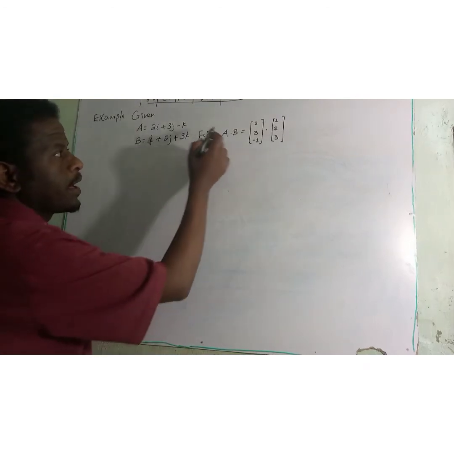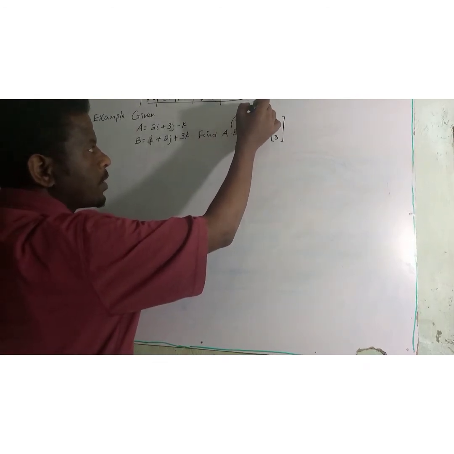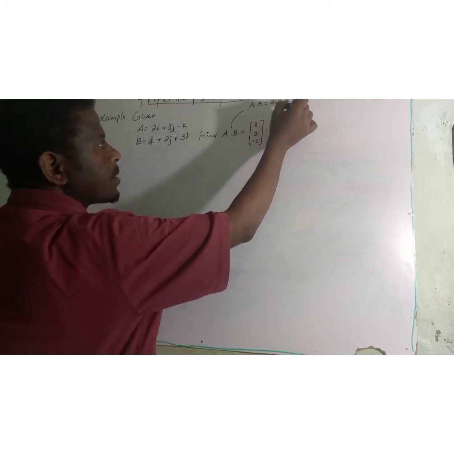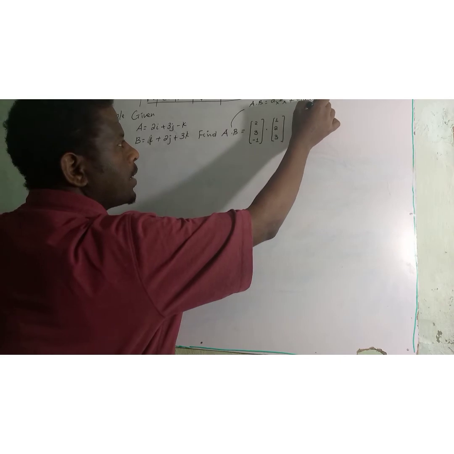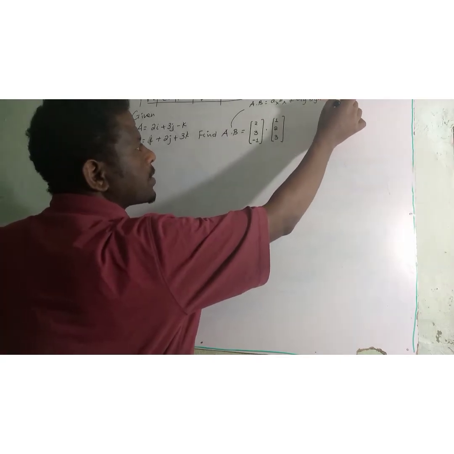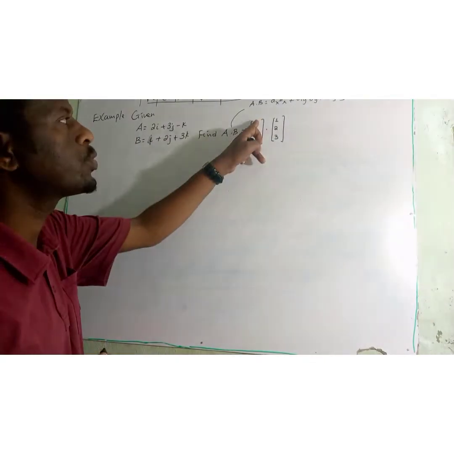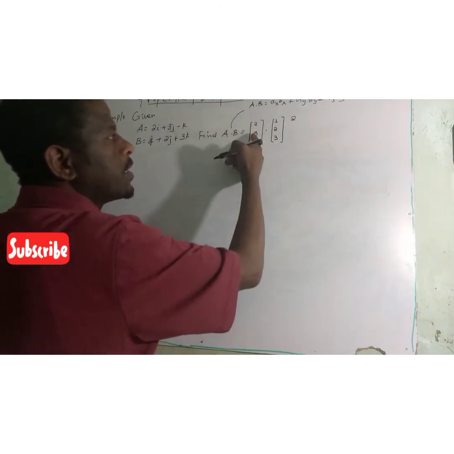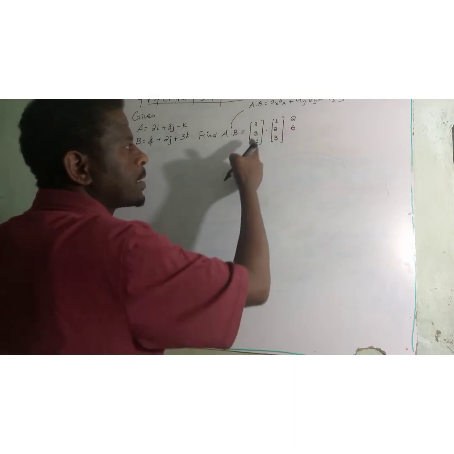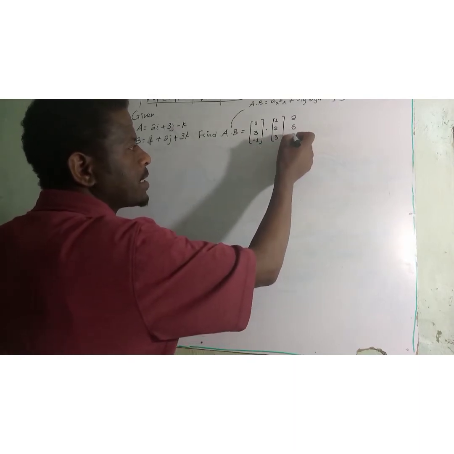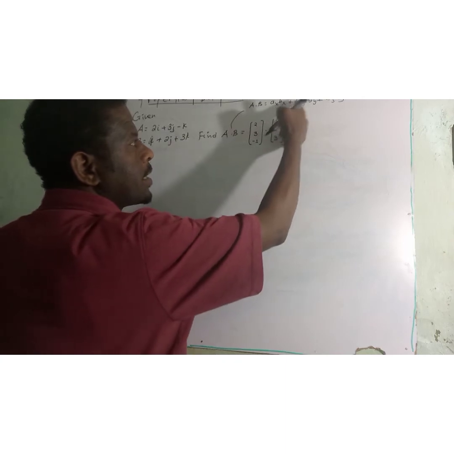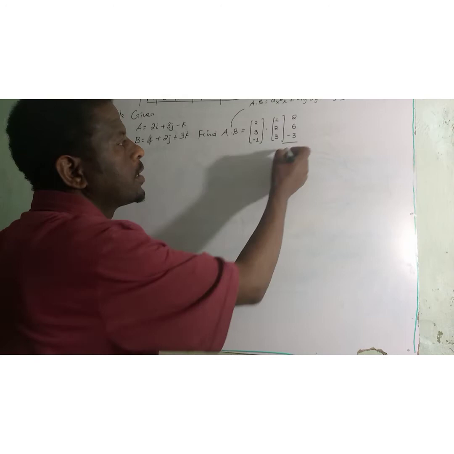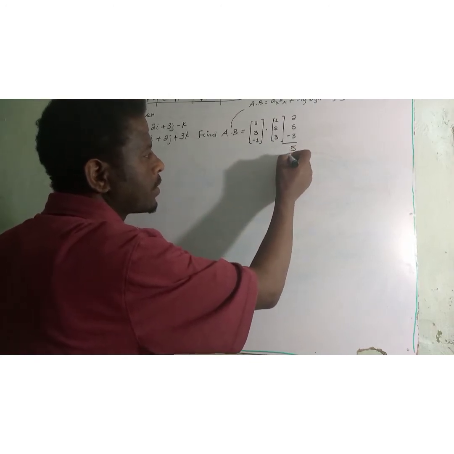Then A dot B, as we have seen before, equals AX BX plus AY BY plus AZ BZ, which is 2 times 1, 2, 3 times 2, which is 6, minus 1 times 3, minus 3. Then add them: 2 plus 6, 8, minus 3, which is 5.